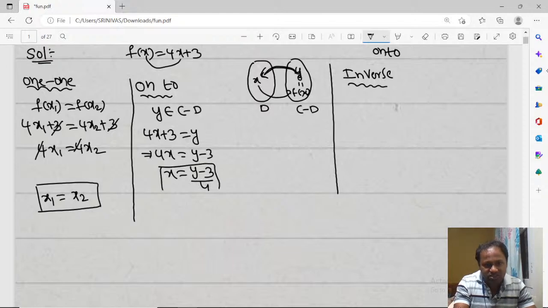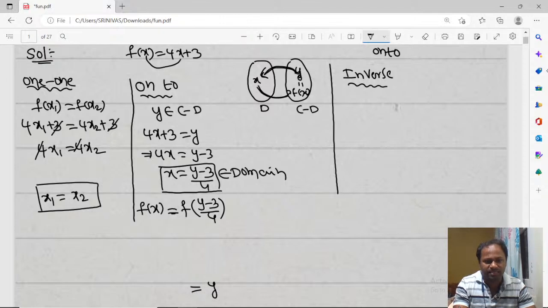See, I got the x value and this x belongs to the domain. That should be in the domain. Such that f of x, which is f of (y minus 3) by 4, is equal to what we need to get, y. It is an obvious condition. You can write directly is equal to y, or you can substitute.